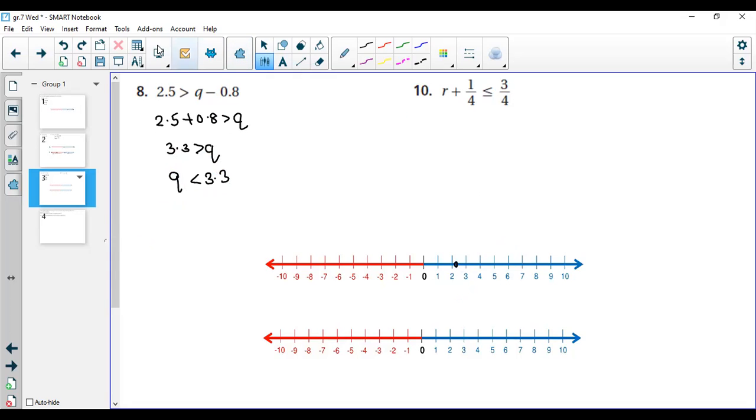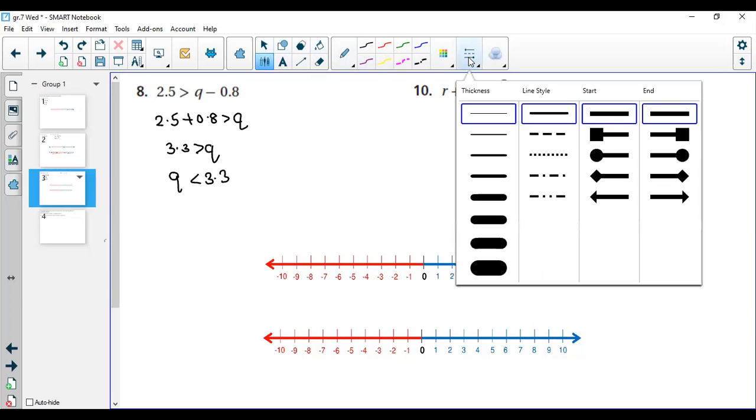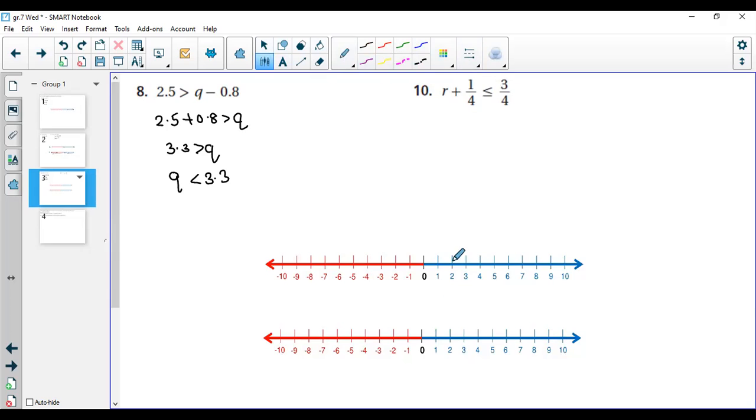Now, am I going to shade it? Definitely, I'm not going to shade it. It's not shaded, but as I cannot draw a smaller circle than that, okay, so it's not shaded because we cannot shade it as there is no equal sign.